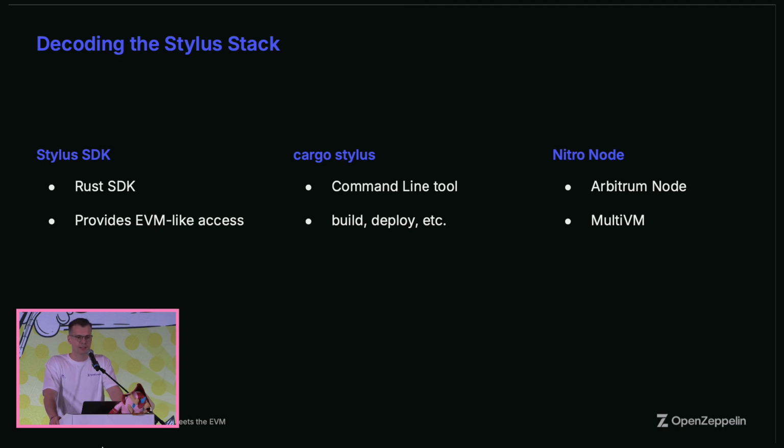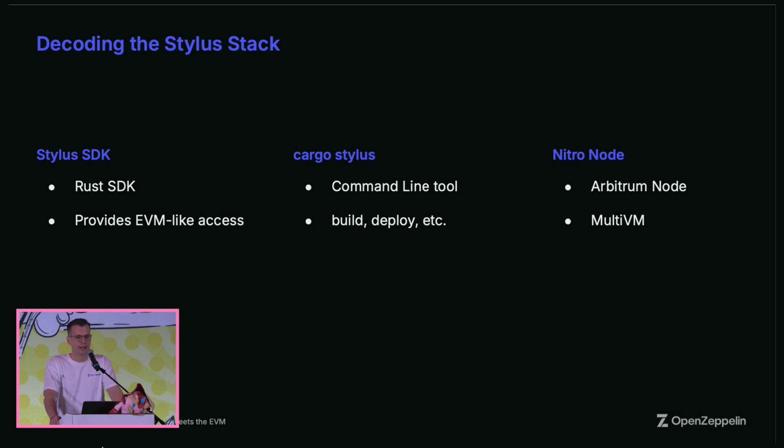Now let's check the stack around Arbitrum Stylus. So what do we have? The Stylus SDK, which is a Rust SDK, but it can be an SDK for any other programming language, that provides a set of tools, libraries, and components to build your own EVM-compatible WASM smart contracts.